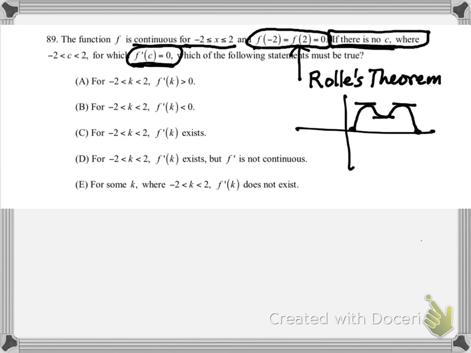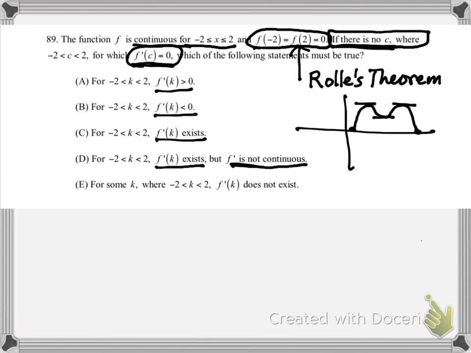So A tells us the derivative is positive. So there is a derivative. B tells us that the derivative is negative. Still, there's a derivative. C tells us the derivative exists. Okay, so it's differentiable. D tells us the derivative exists, but f prime is not continuous. It says it exists, but it's not continuous.